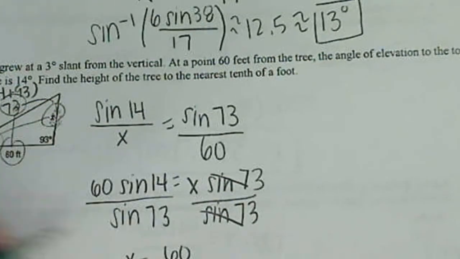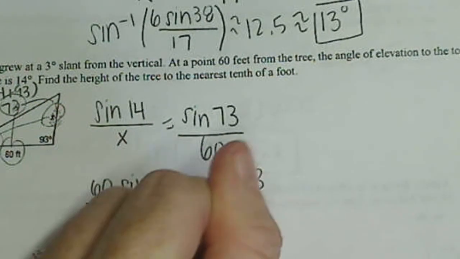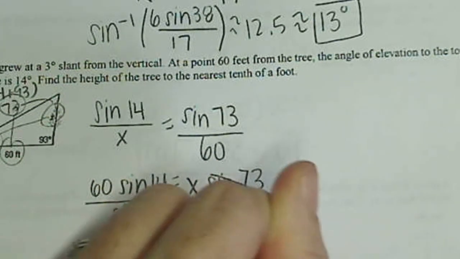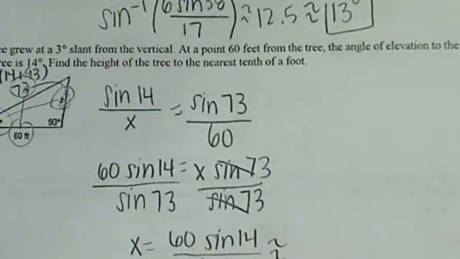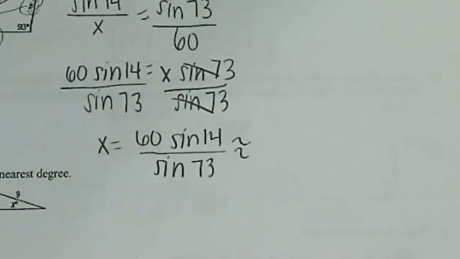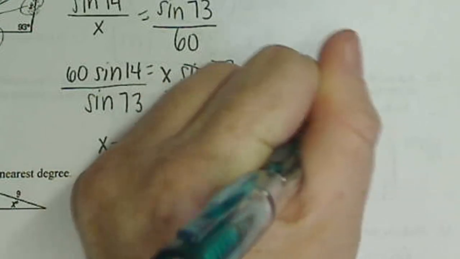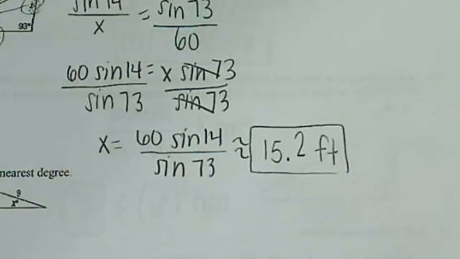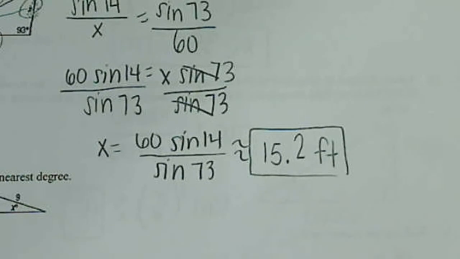So in our calculator, 60 sine 14 divided by sine 73. It's about 15.2 feet. That's about how tall that tree is.